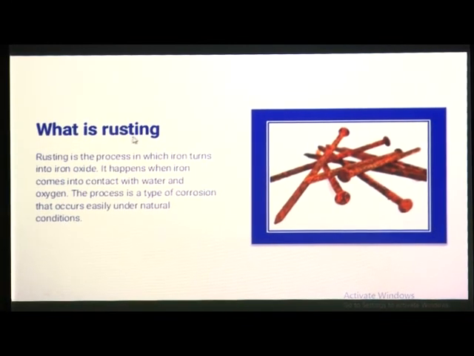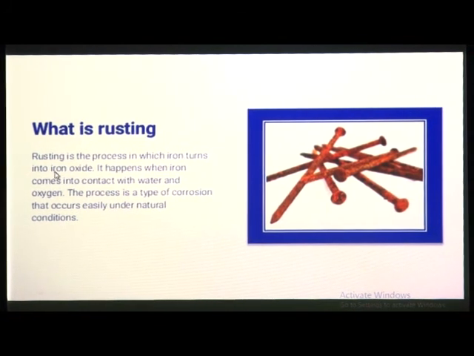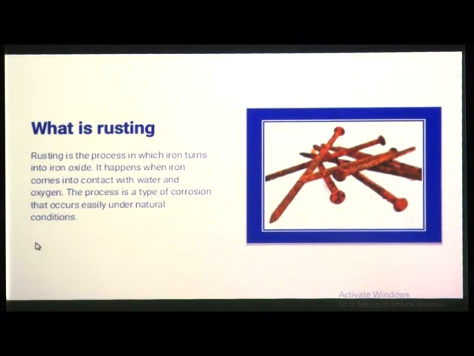When there is contact between iron substances and air and water, a brown colored powder-like structure forms on that iron object, and that is called rust, and this process is called rusting.